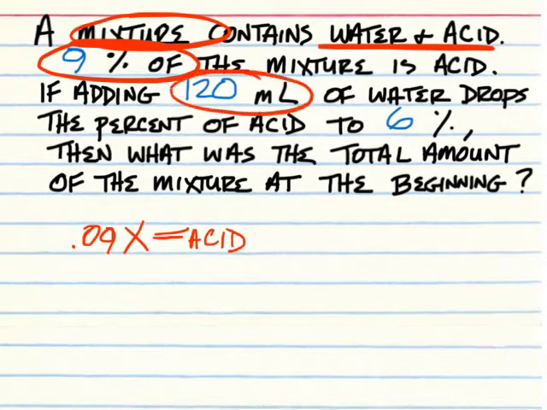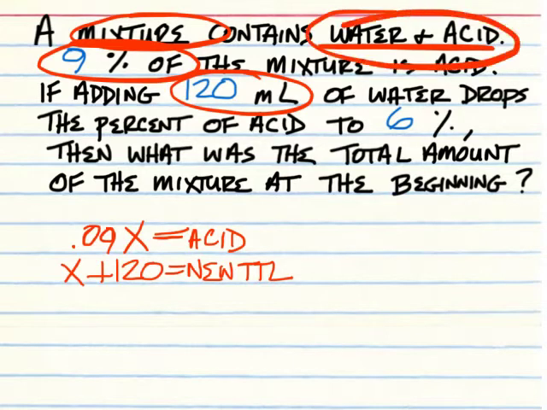Now, if you add 120 milliliters of water to the original total, that would be X plus 120, and that would give you your new total. Remember, X stands for the original amount combined of water and acid.